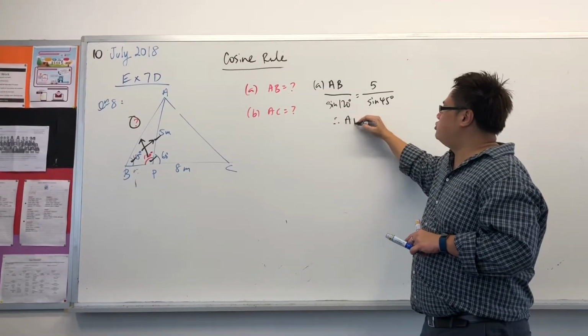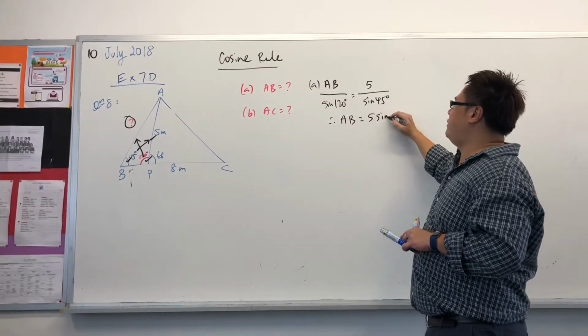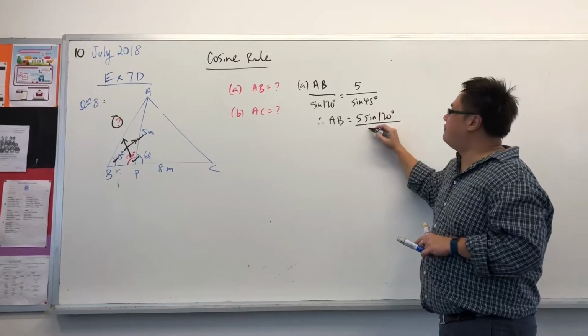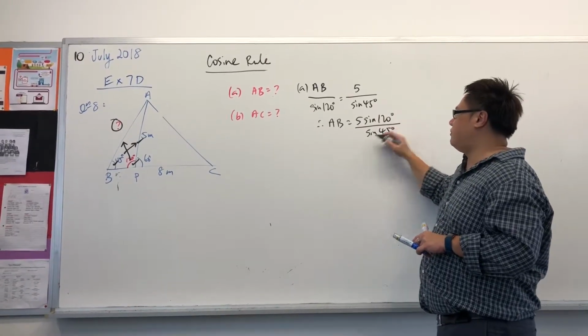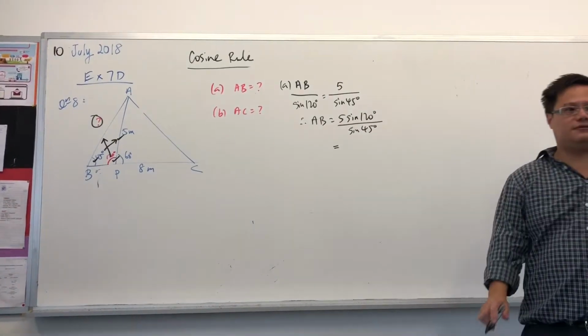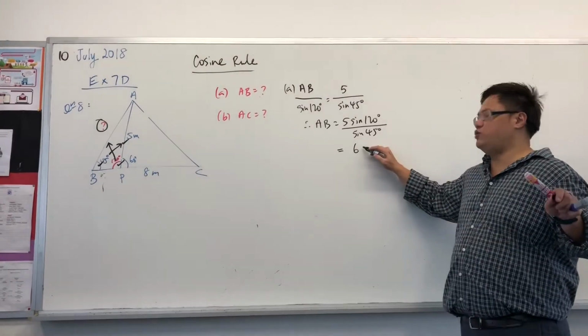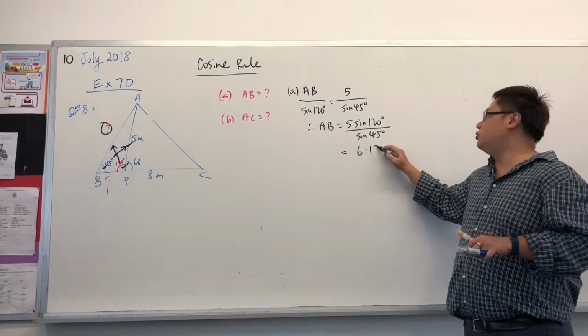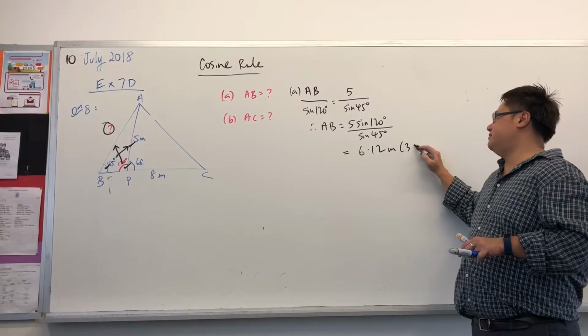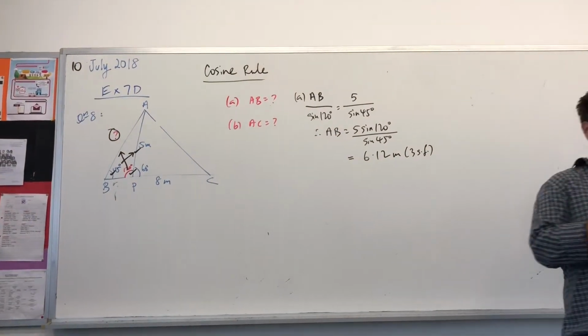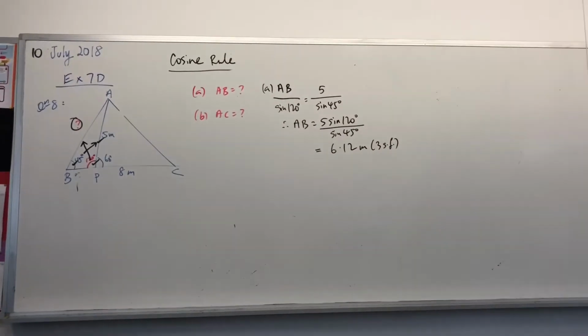Therefore, AB equals 5 sine 120 over sine 45 degrees. Punch your calculator. I'm sure someone has 6.123. 3SF, 6.12 meters. Easy peasy, right? Easy game, easy life.